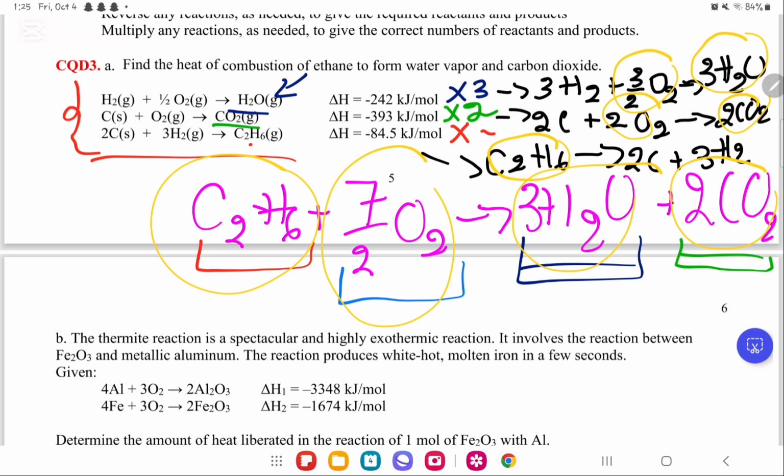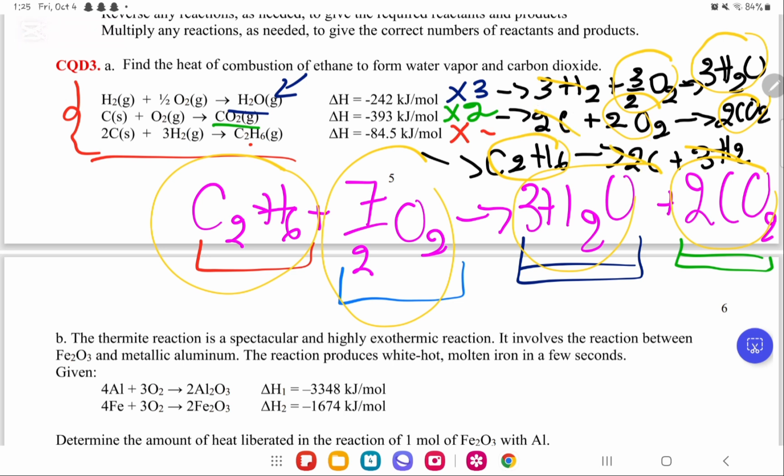Now everything else, what are they? We have 3H2 in the reactants and 3H2 in the products. Because they are in opposite sides, we can subtract them. So 3 minus 3 is 0. They go away with each other. Now, they cancel each other out basically. Then we have 2C in the products and 2C in the reactants. So 2 minus 2 is 0. They will cancel each other out.